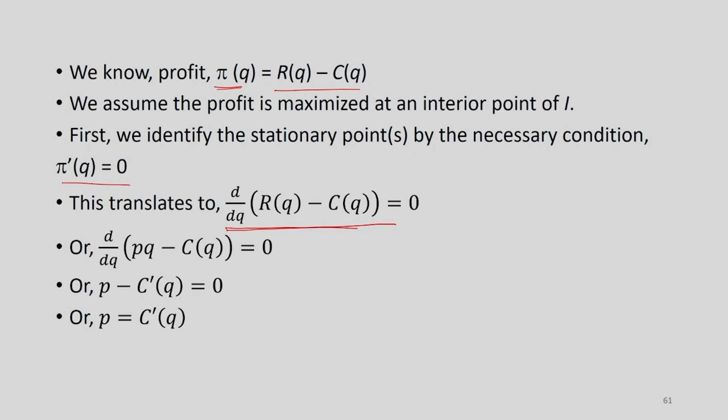And R(Q) is simplified as P multiplied by small q. P is the price, Q is the quantity, so this is the revenue, minus the cost function.